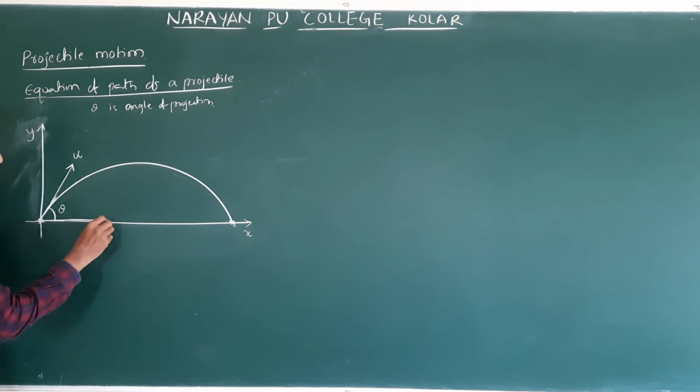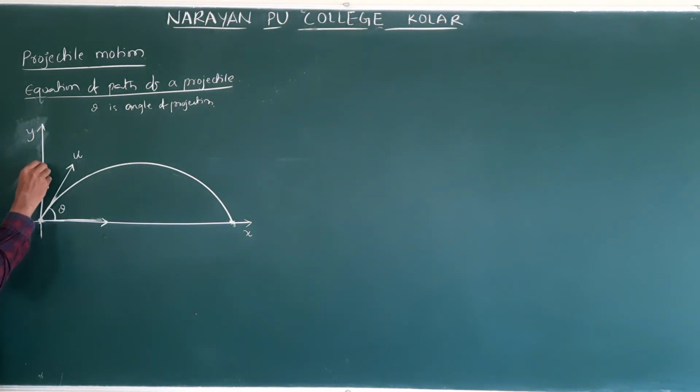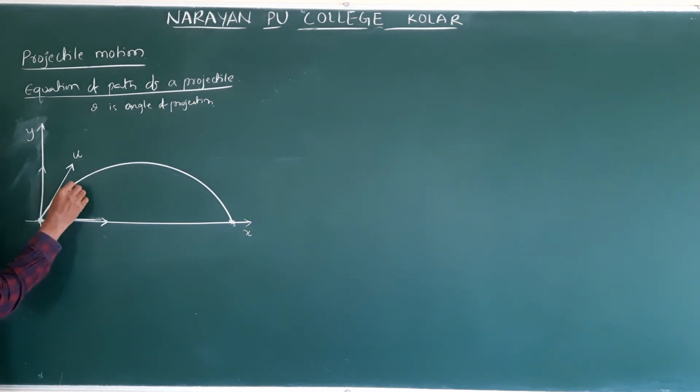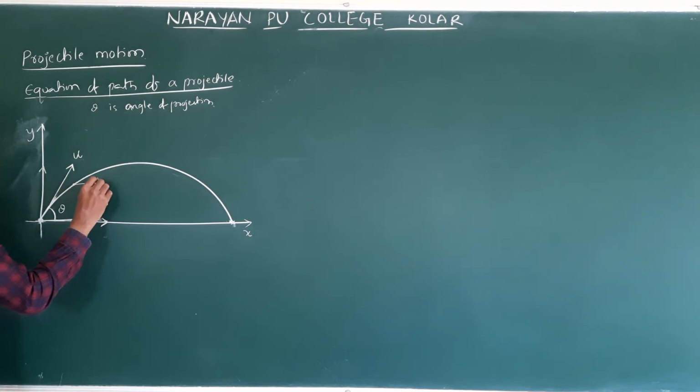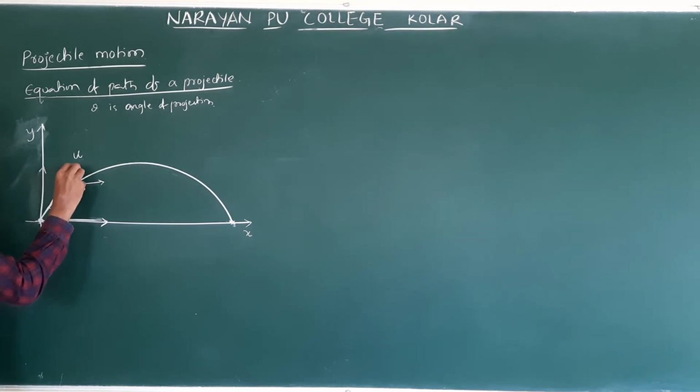Already we mentioned that in the resolution of a vector, one component always acts along the x-axis and one component acts along the y direction. See, if you take the point here, one component acts in this direction and one component acts in this direction.